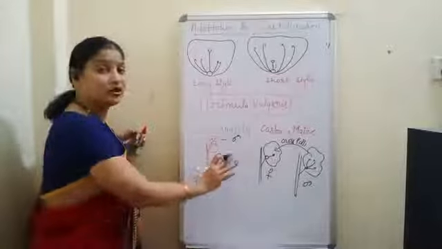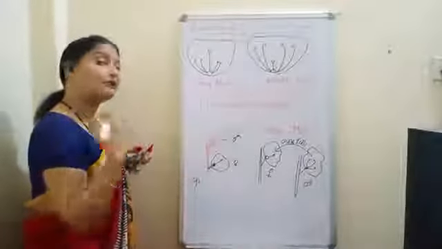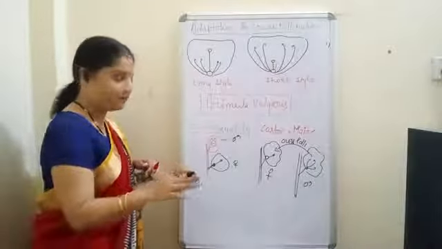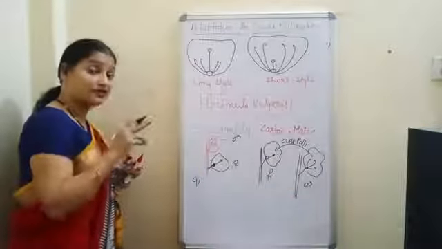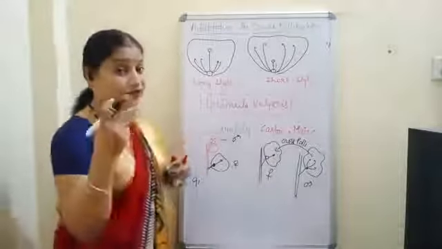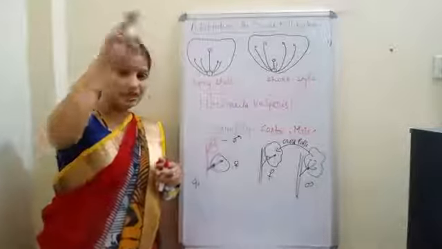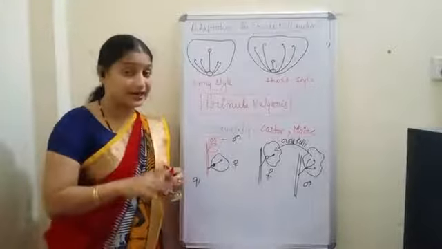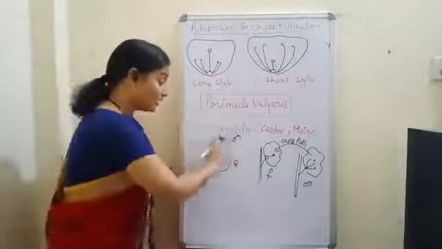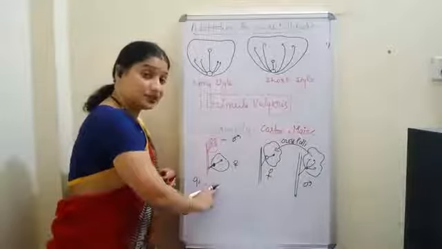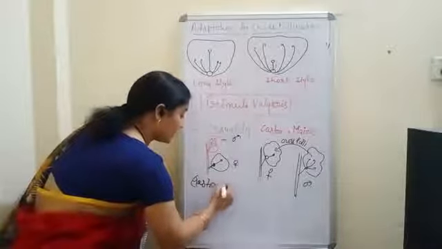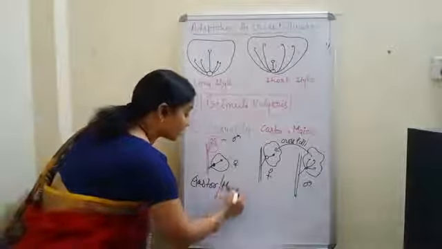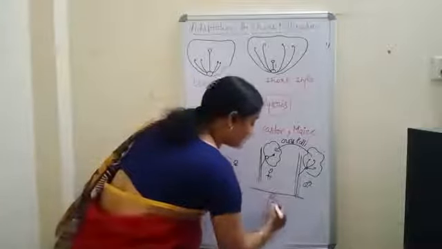Neither autogamy nor geitonogamy. Autogamy is not at all possible. But geitonogamy is also not possible, because the meaning of geitonogamy is, within the same plant, if two flowers are there and if the pollination occurs within the same plant, then that is called geitonogamy. Here it is possible, and the example is castor as well as maize, and the best example for this is papaya.